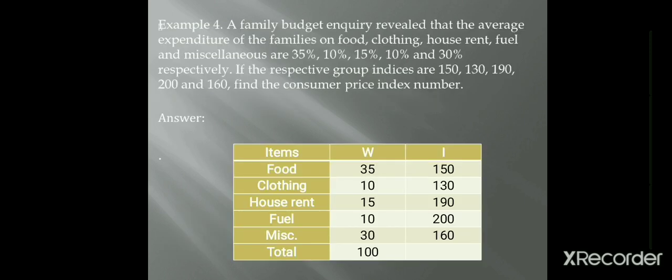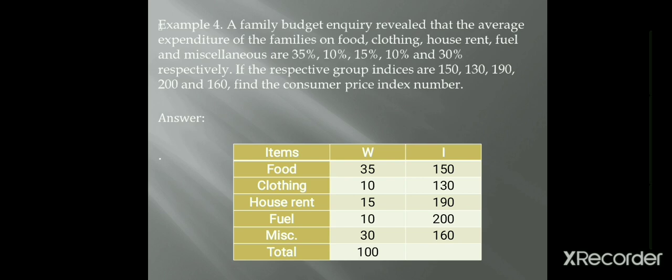Here is the fourth example and the last example. If you observe, the question here is in statement form. A family budget enquiry revealed that the average expenditure of the families on food, clothing, house rent, fuel, and miscellaneous are 35%, 10%, 15%, 10%, and 30% respectively.